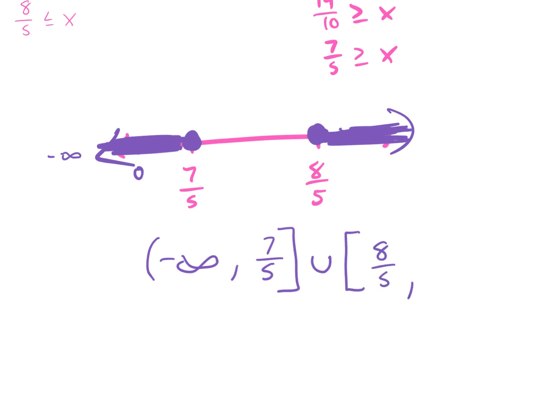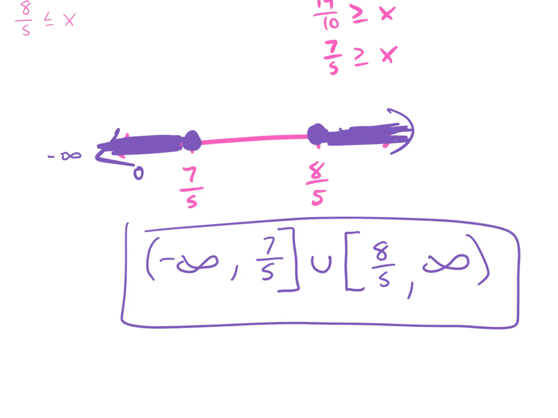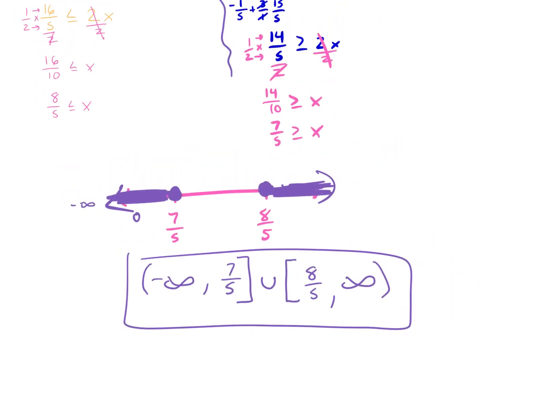Bracket 8 over 5 and goes to infinity, parentheses. And then since our graph has 2 parts, our inequality is going to have 2 parts too. So we'd say x is less than or equal to 7 over 5, or x is greater than or equal to 8 over 5.